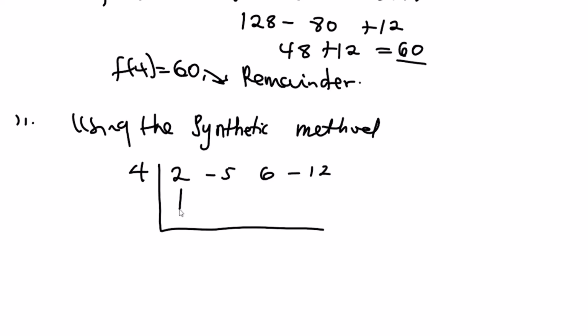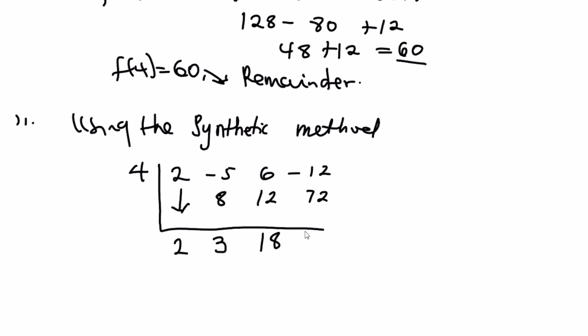Now we bring down the first coefficient, which is 2. 2 times 4 will give us what? 8. Then you write it here, you add, and that will give you what? 3. You use 3 to multiply 4, you get what? 12. Then you add, you get 18. You use 18 to multiply 4, you get what? 72.